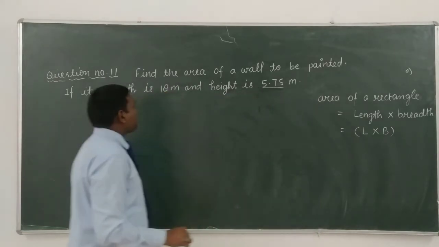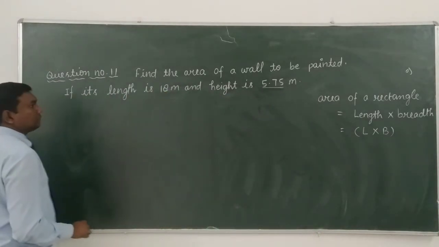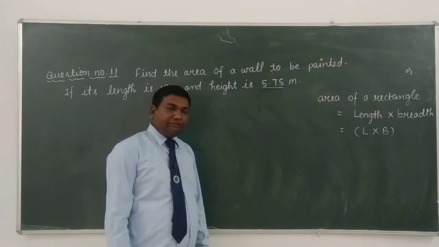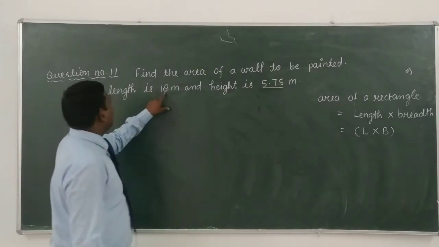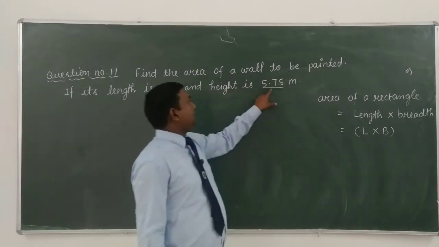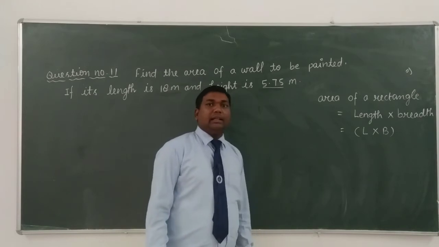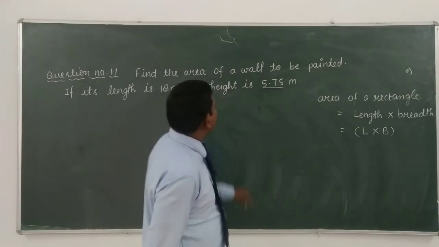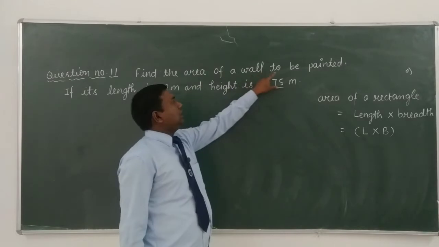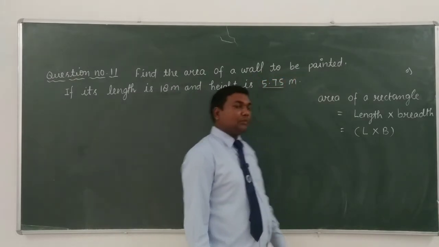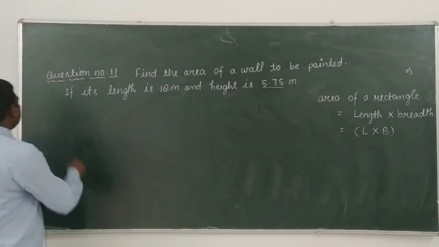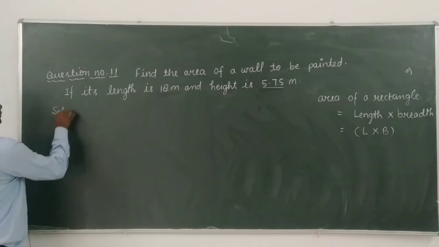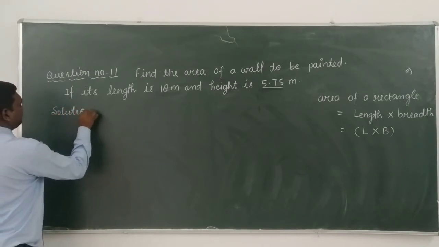Okay dear students, if we multiply 18 meter by 5.75 meter, then we get the area of a wall to be painted. Okay, now let's start the solution of the given question.